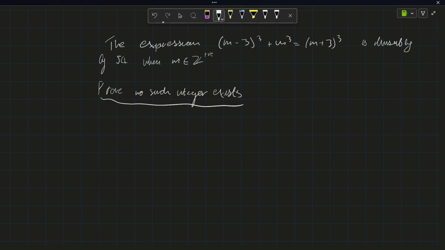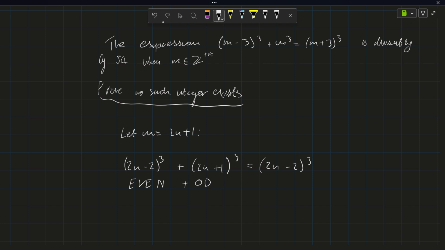So let's say we assume that it works for odd numbers. So we substitute m for odd, 2n plus 1, which would give us 2n plus 1 minus 3, minus 2n plus 1 plus 2n, which is obviously false because even plus odd cannot equal even.